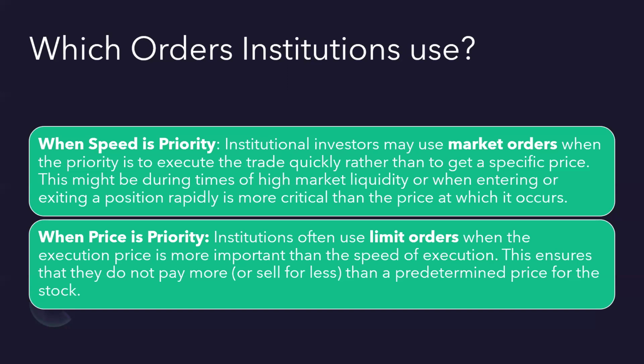They don't need speed of execution. What is more important is a better execution price, so they need a low cost execution. They know that if they use market orders, their cost will be high. So in order to reduce the cost and make fair transactions, they will mostly use limit orders for accumulation and distribution purposes.